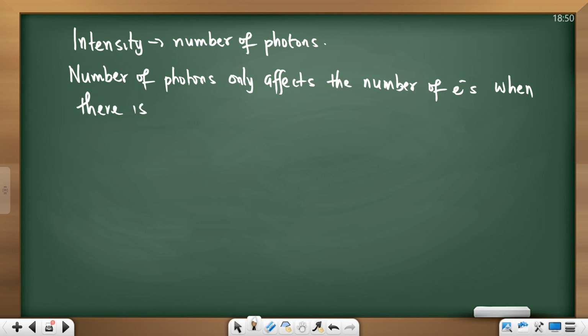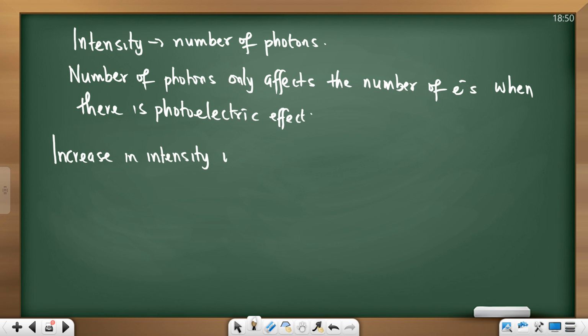So there must be photoelectric effect first before we talk about intensity. So I'm going to say an increase in intensity, which is basically number of photons, will increase the number of electrons.